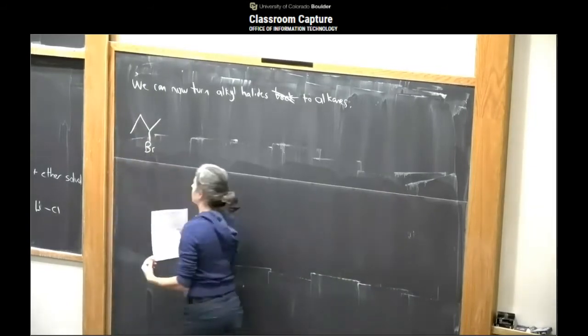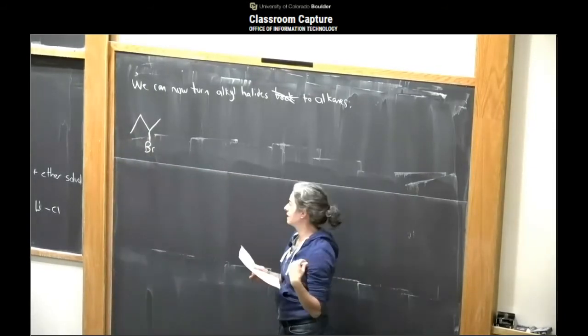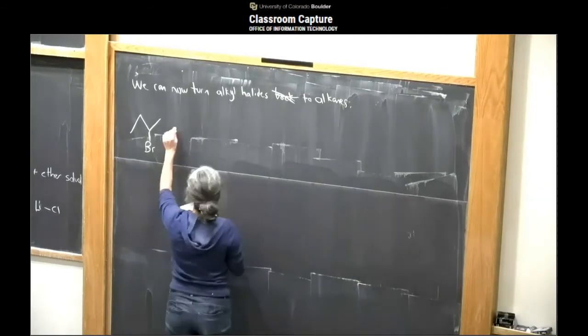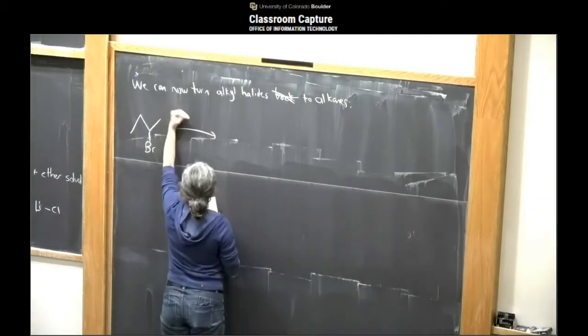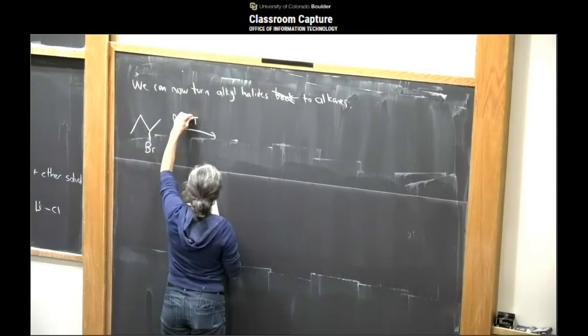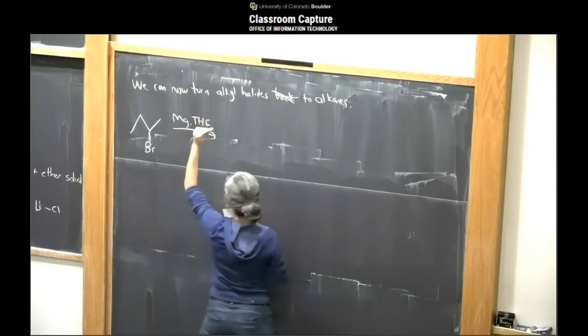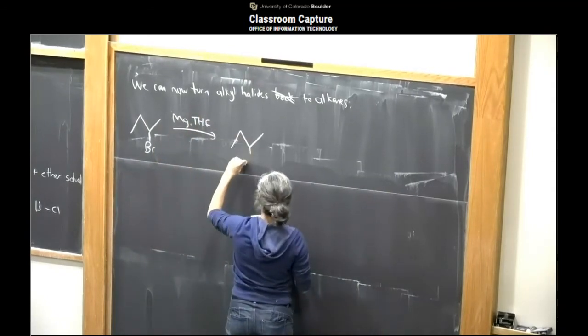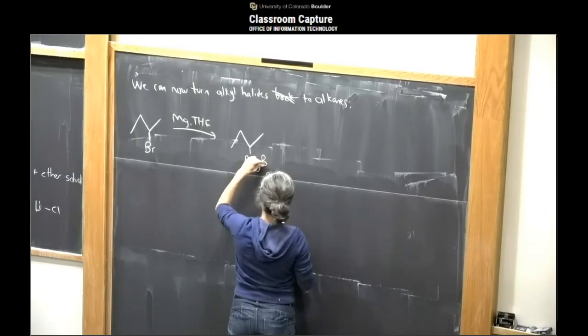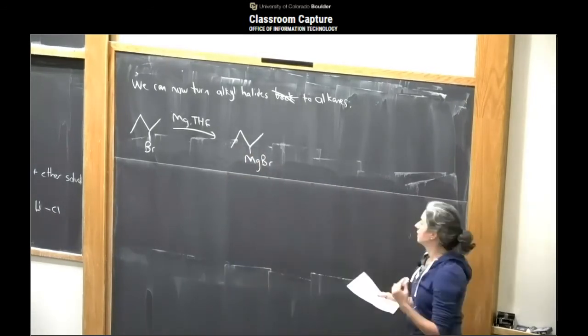So if we take this alkyl halide here, and we hit it first with magnesium and THF, then we're going to get the Grignard on there.